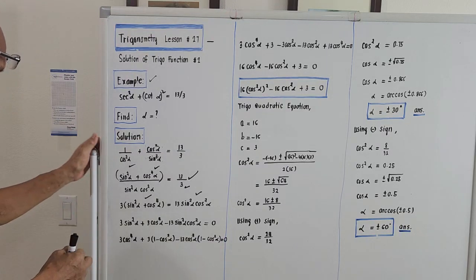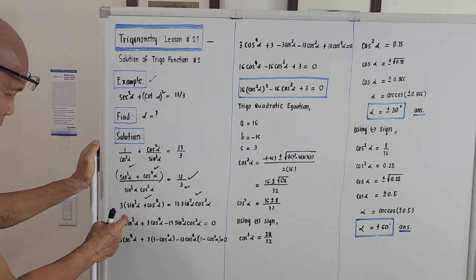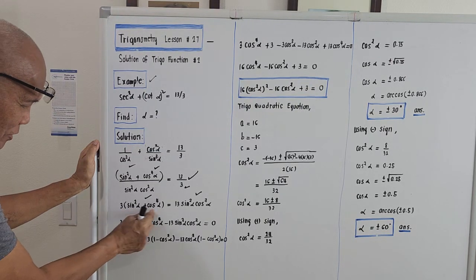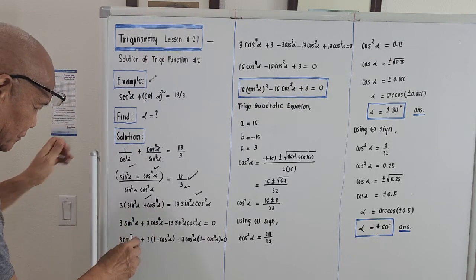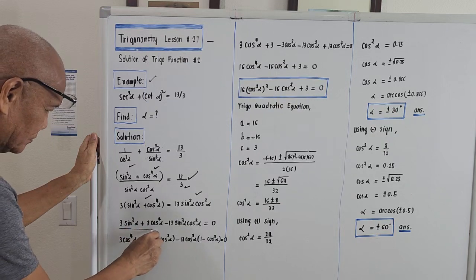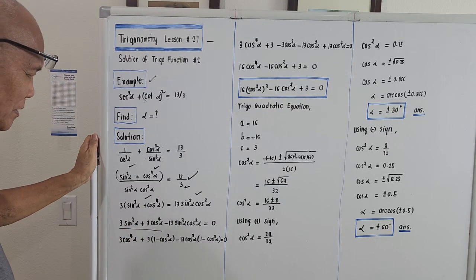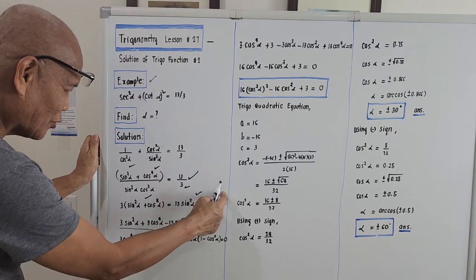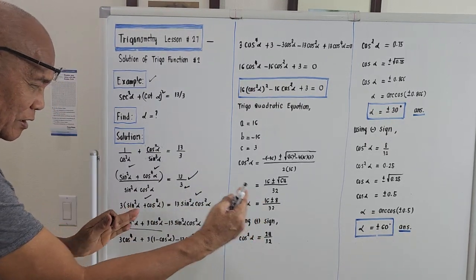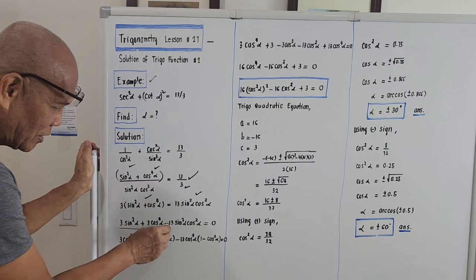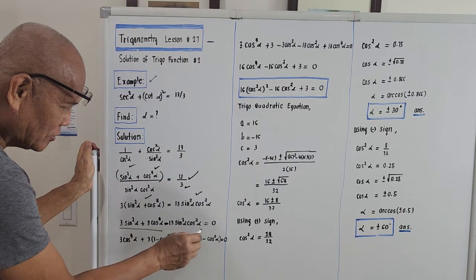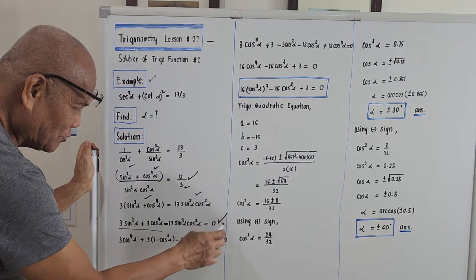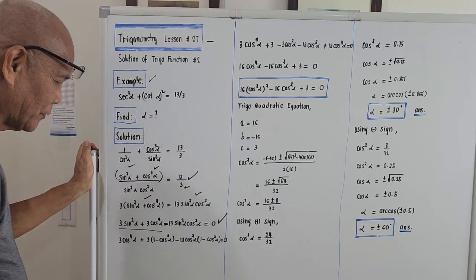Expanding, 3 times this quantity here will be this, right? And 13 times sine square of alpha cosine square of alpha. We transpose this to the left, so this is now negative. So the right hand side will simply be equal to 0.